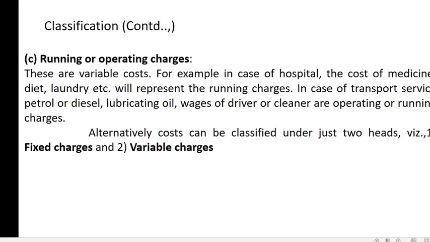An item of cost may be considered as variable in one circumstance and in another it may be considered as fixed. For example, wages to drivers, if it depends on the actual distance covered or service rendered, will be treated as variable. But if it is fixed, irrespective of the actual operation, it will be treated as fixed charge.